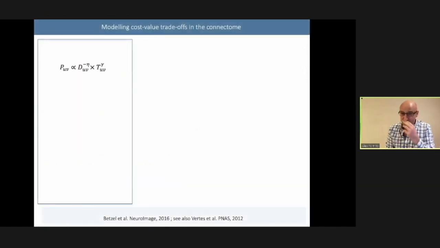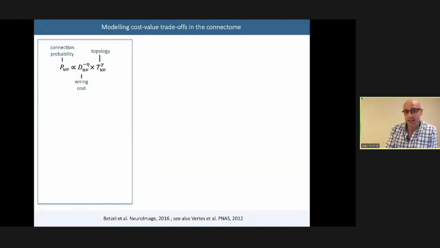Now, the most successful class of models for the human connectome that have been considered thus far have this general form here. And this tries to capture this trade-off between cost and value. And I should point out that this all comes from some really seminal work by Petra Vertes and Rick Betzel. So the model indicates that the probability of connecting any two nodes, u and v, is proportional to the distance between them and some topological property that is a proxy for functional value.